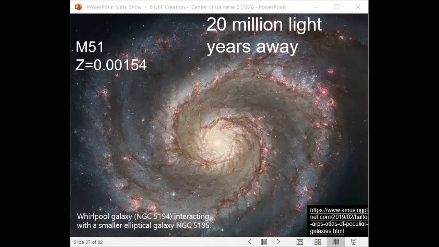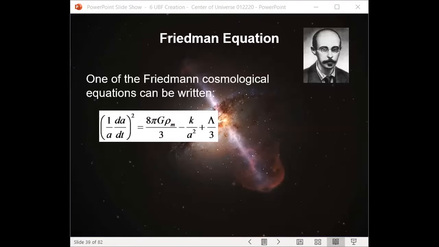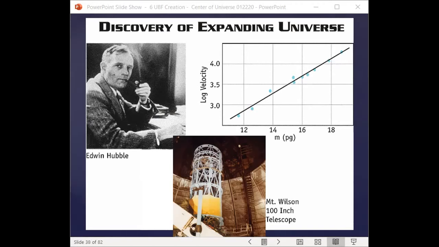In 1929, Edwin Hubble found a roughly linear relationship between the distances of the galaxies and their radial velocities. This means that the greater the distance between any two galaxies, the greater their relative speed of separation. So if you interpret this observation at face value, what can you say about it?